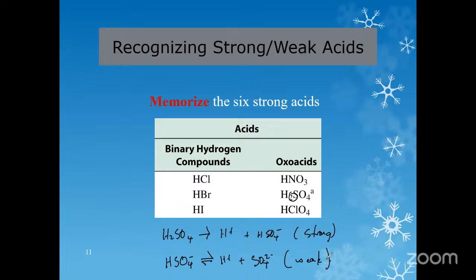That's a very important distinction that you need to keep in mind, because that can affect some other things that we're going to do, for example, determining the net ionic equation of a reaction. So that's basically the list of 6 strong acids that you need to memorize.